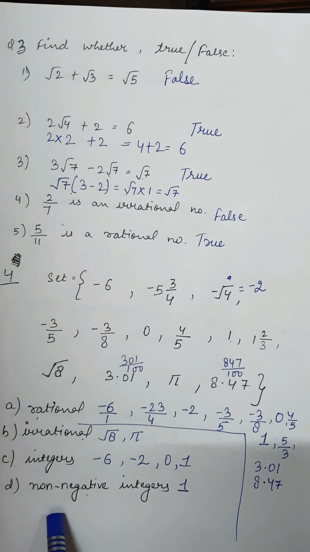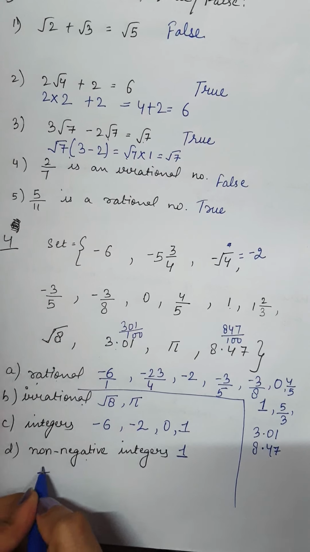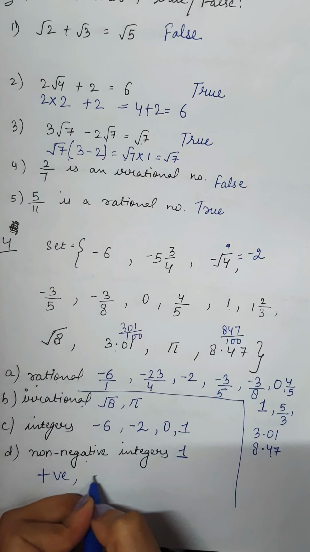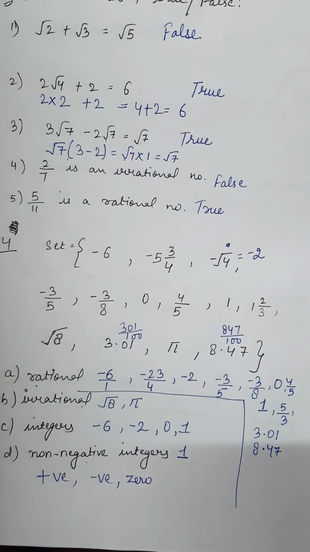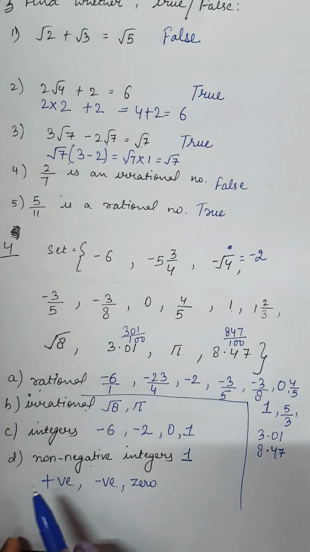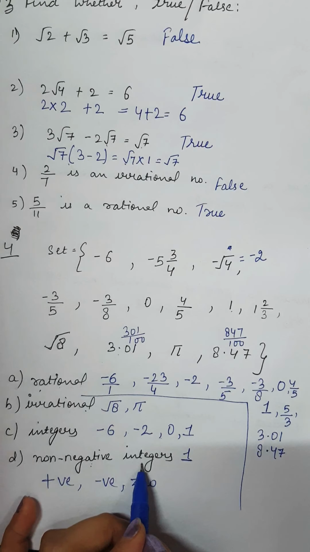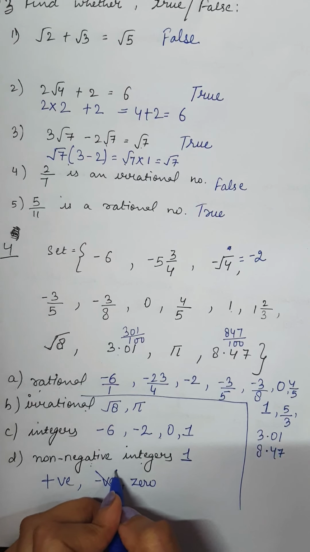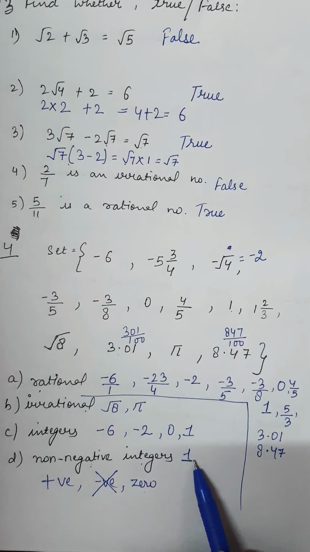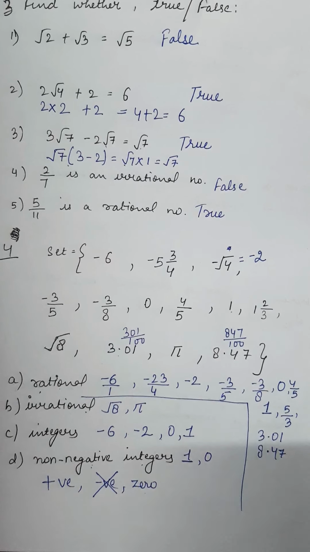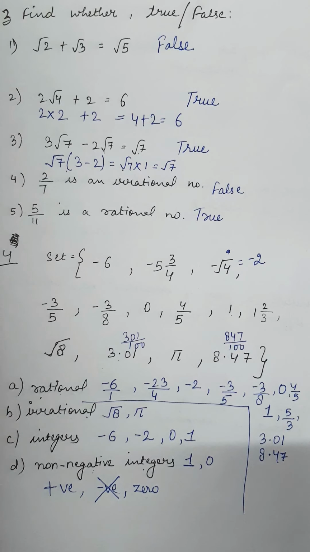We had 3 types of integers: positive, negative and 0. We did 3 types of integers in the very beginning today. So here they are asking non-negative integers. So if I remove this category, 2 types of integers are left in this. Positive I have written, so 0 will come here also. Understand?